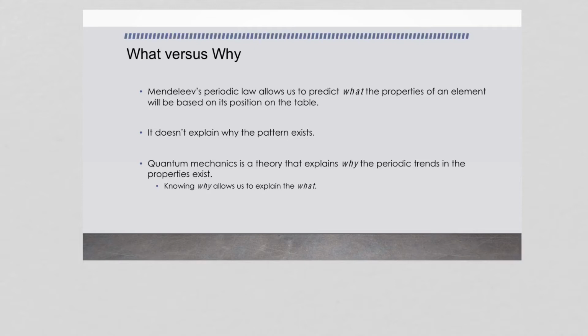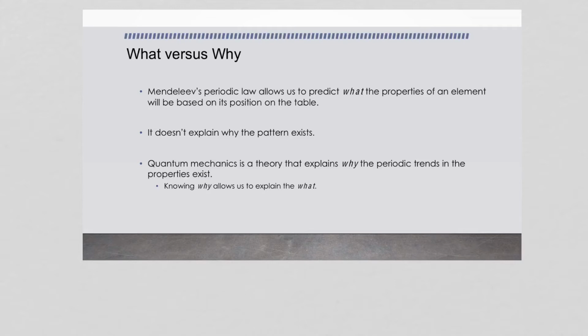Now, why do we do this? First of all, if we think back to Mendeleev's periodic law, this allowed us to predict the properties of an element based on its position in the periodic table. But it doesn't explain why the pattern is there. It just tells us the pattern. Mendeleev said, we see this pattern, it repeats, and so every certain number of elements, we get an element that has similar properties.